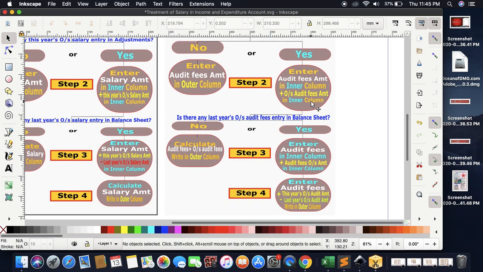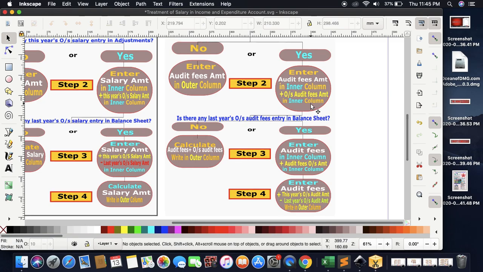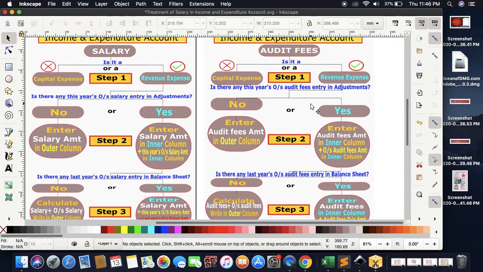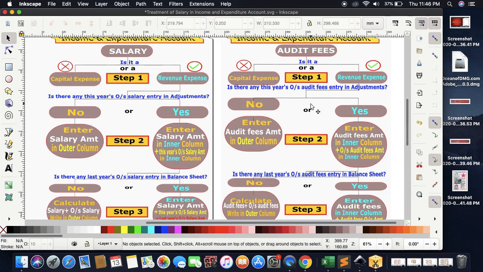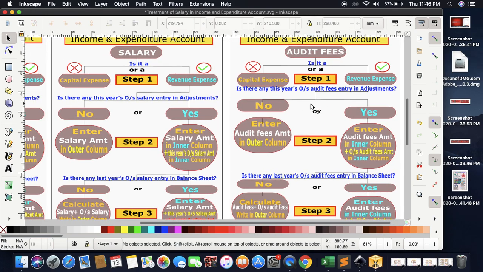And then you need to go up into the balance sheet and check if on the liability side there is an outstanding audit fee or outstanding salary, that you need to minus it and write the total in the outer column. This is if the outstanding expense is given in the adjustments and in the balance sheet. This is how we need to treat it.